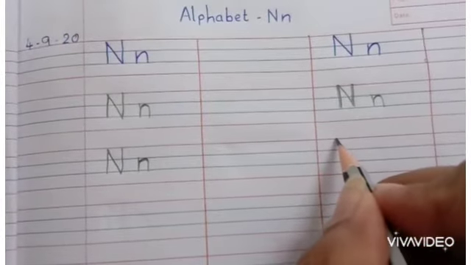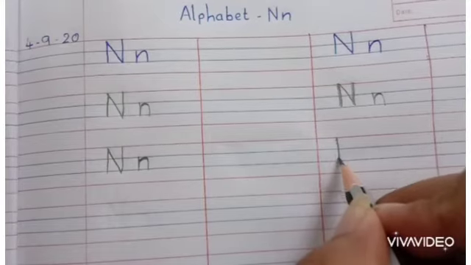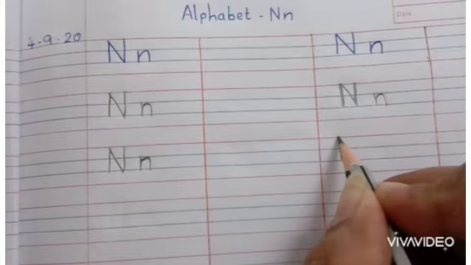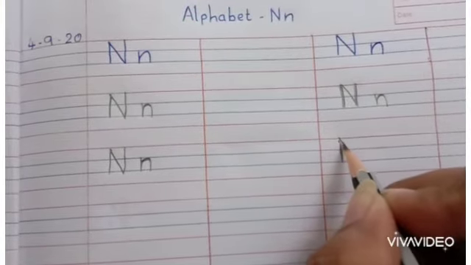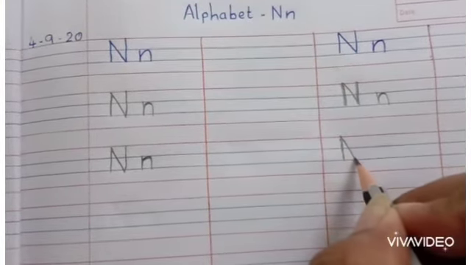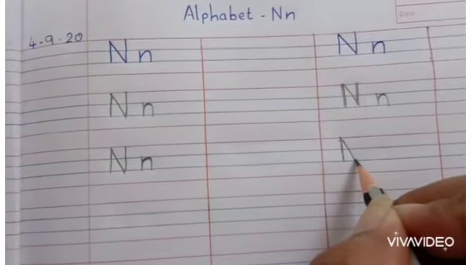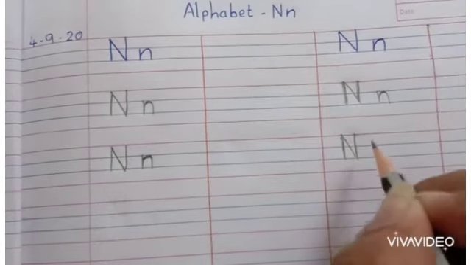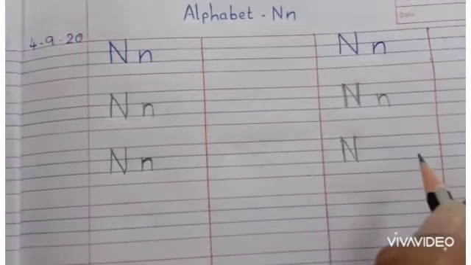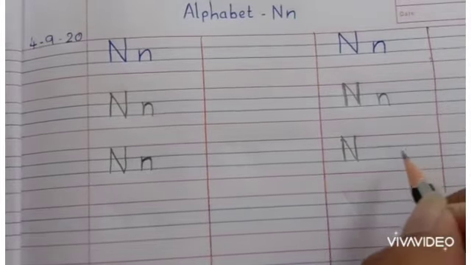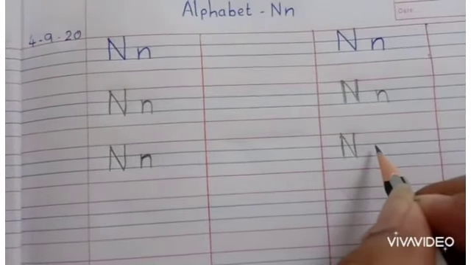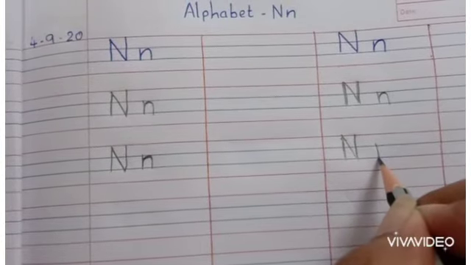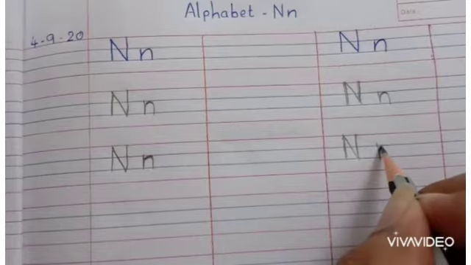From first red line to second blue line, make a standing line. Go up again on it. Now make a slanting line till second blue line. Then go up standing till first red line, capital N. Now make a standing line from first blue line to second blue line.